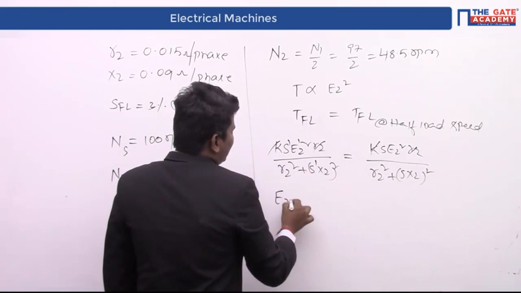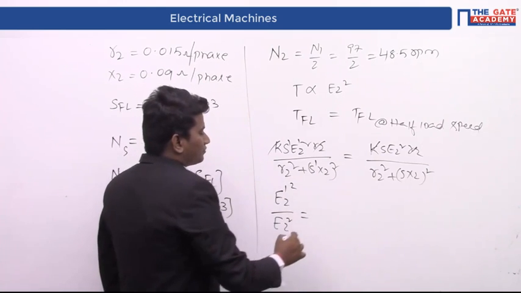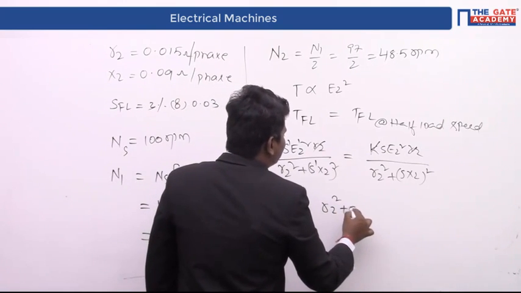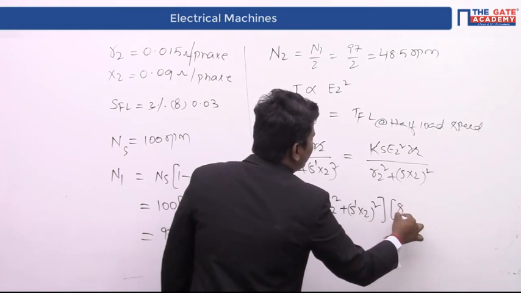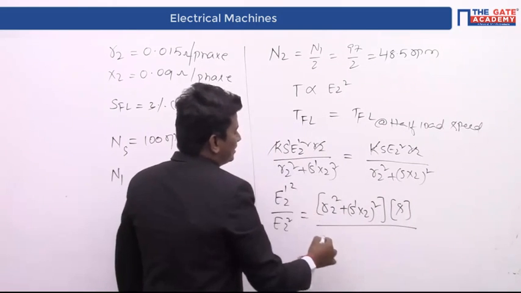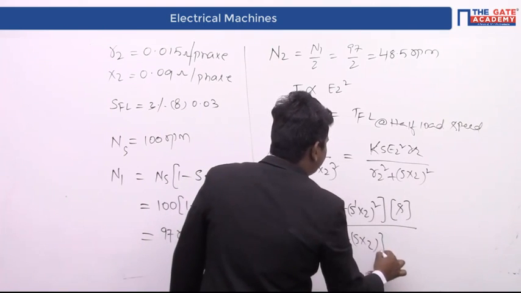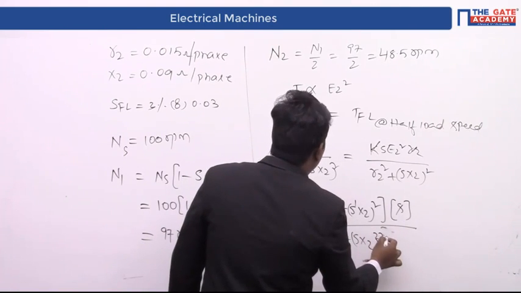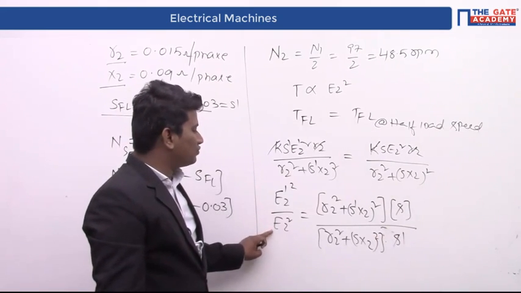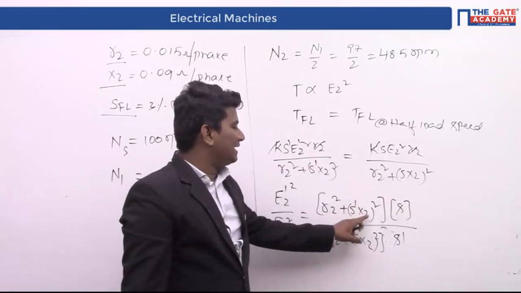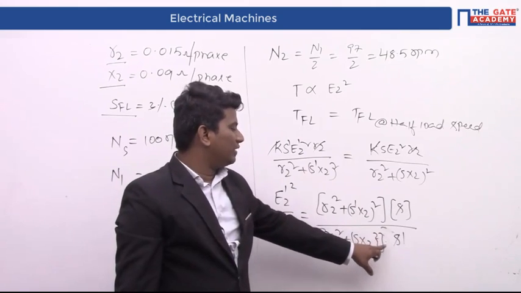I can write E2 dash square by E2 square is equal to (R2 square plus (S dash X2) whole square) into S divided by (R2 square plus (s X2) whole square) into S dash.